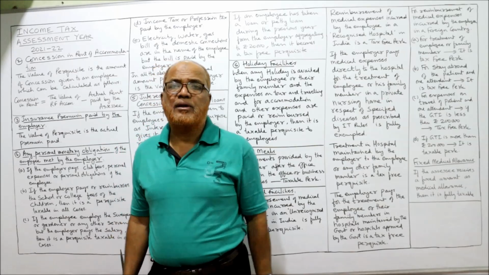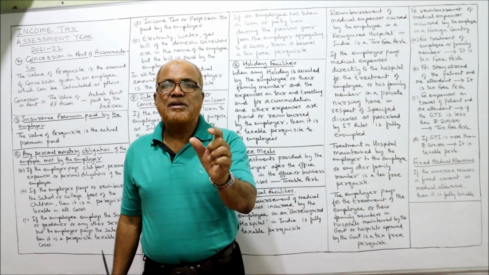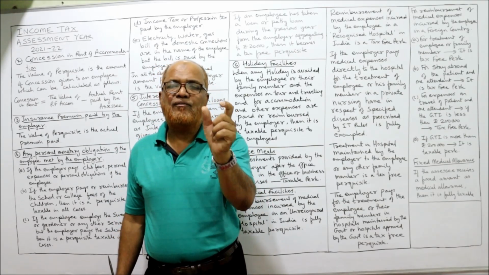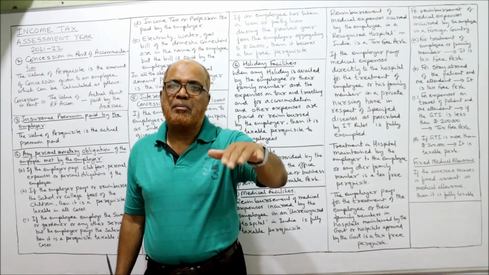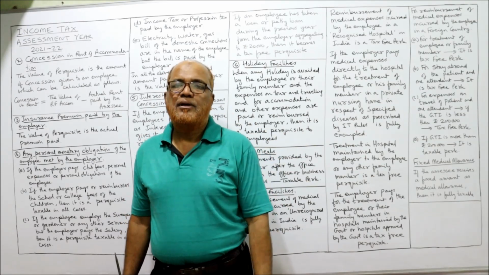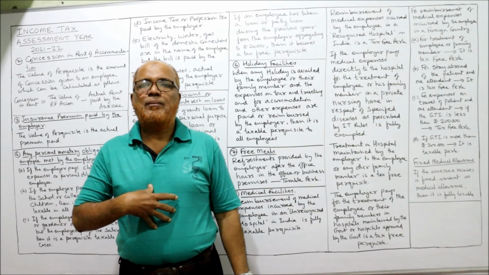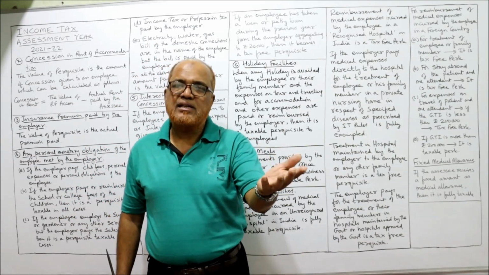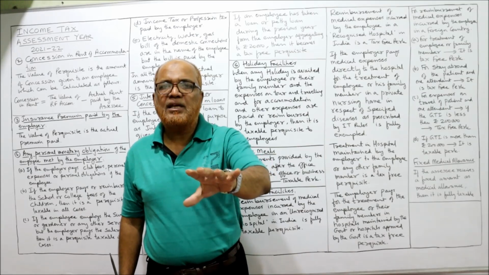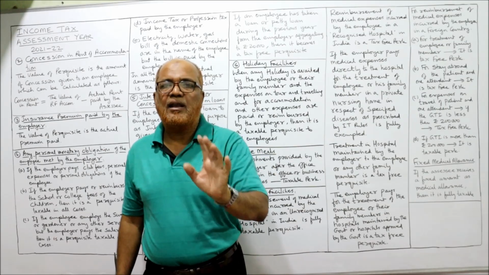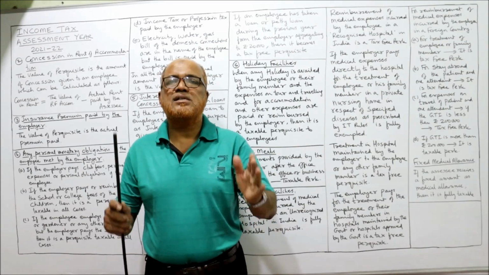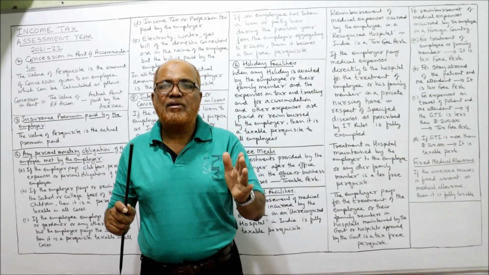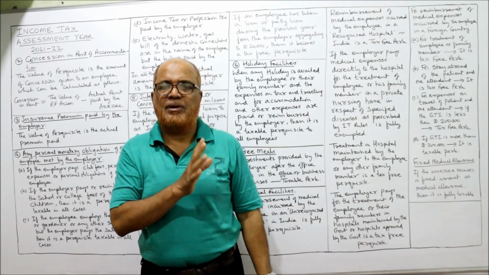Allowance is different from perquisite. Allowance means a fixed monetary amount which is paid monthly. Sometimes the employer will pay medical allowance. That means whether the employee is falling sick or not, monthly along with basic pay he is getting medical allowance. The Income Tax Act says medical allowance is 100% taxable.